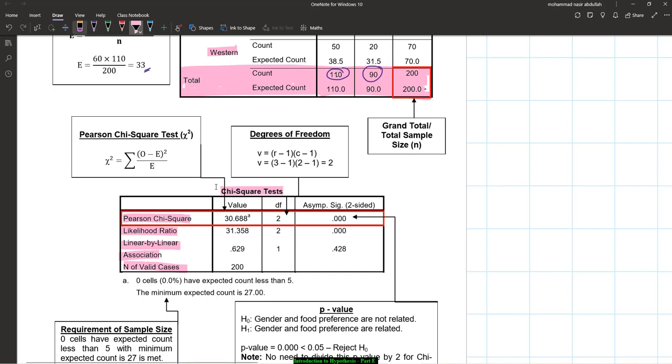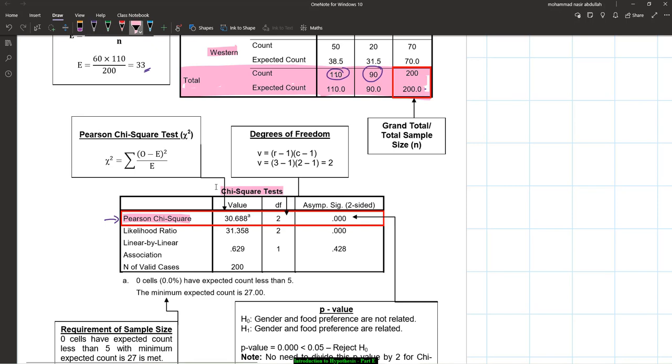So as I mentioned just now, if we are using a test of independence, usually we are using the Pearson chi-squared test. In the chi-squared test, remember the assumptions, there are 4 assumptions, right? One of the assumptions is that the number of expected counts less than 5 should be less than 20%.